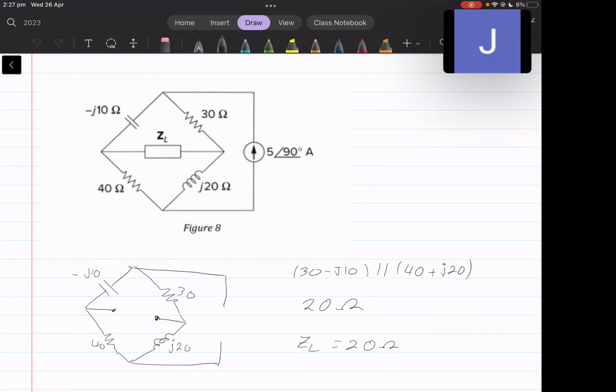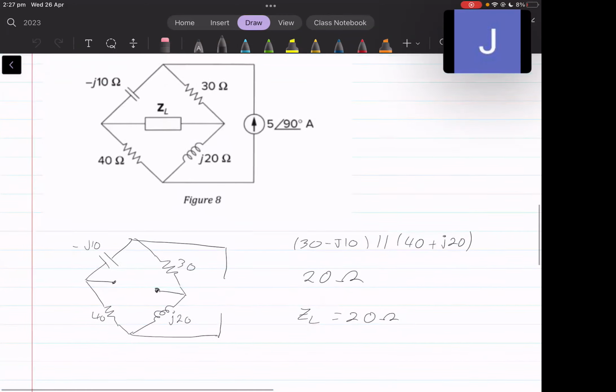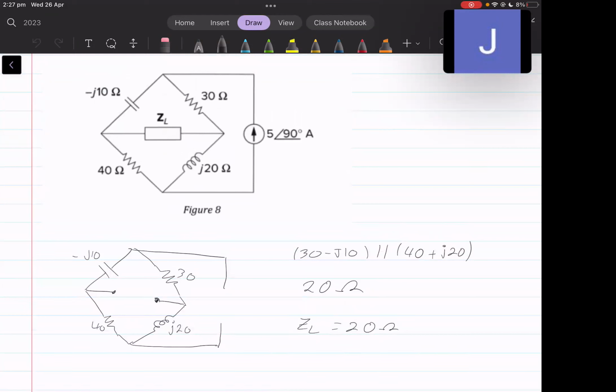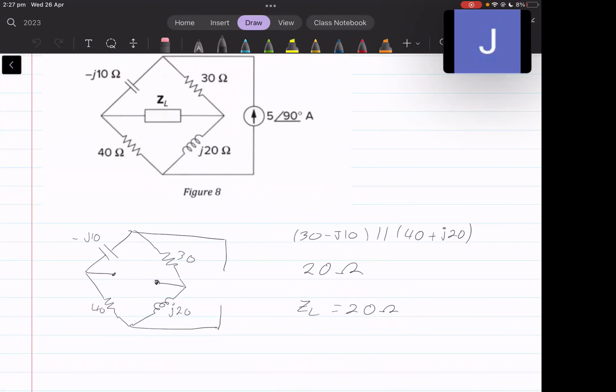Yeah, that's a good way. For finding the Thevenin voltage, we want no load, so we just make it an open circuit. And for Norton current, that would be our short circuit current.